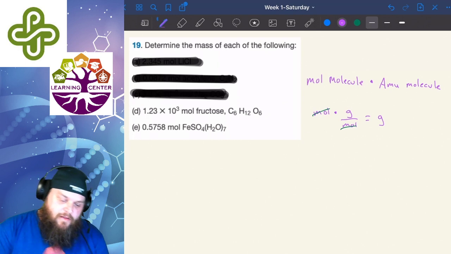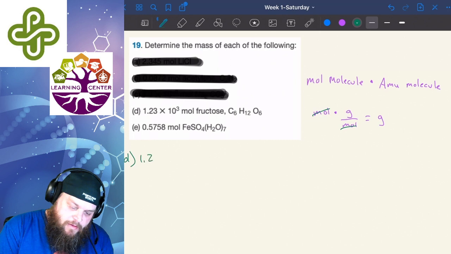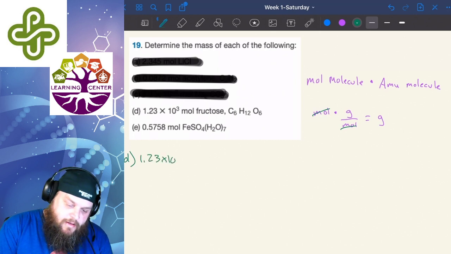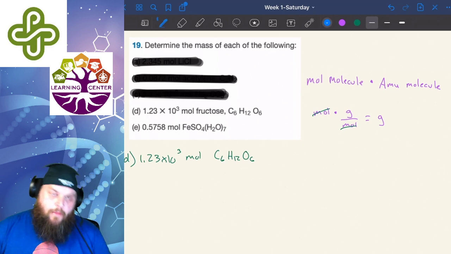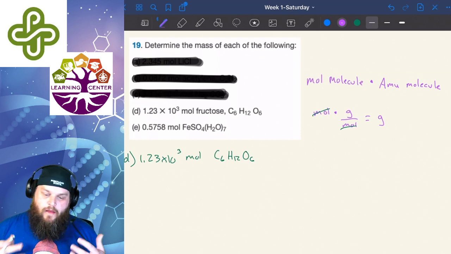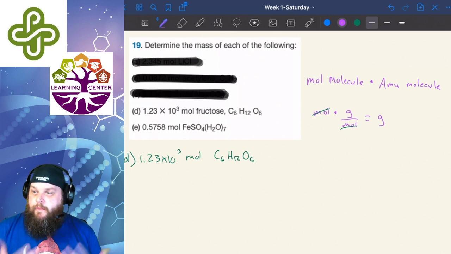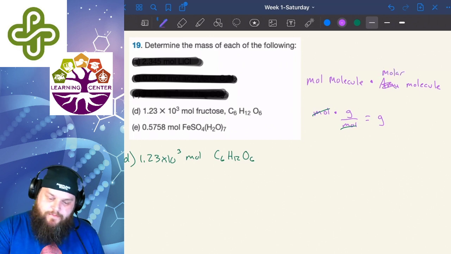So let's tackle these two, D and E. For part D, that's 1.23 times 10 to the third moles of fructose, C6H12O6, and we want to find the mass of each of these. So again, we have to find the mass of the molecule itself. I guess that's not AMU anymore, it's molar mass. That's what I should be writing there.